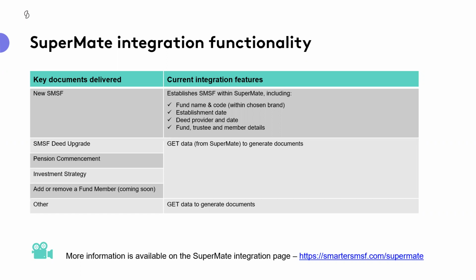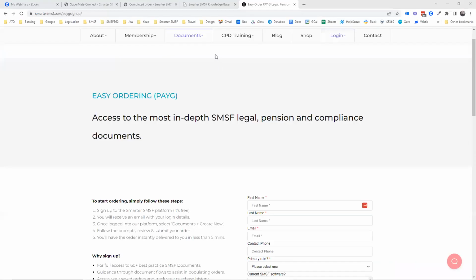So one of the things that we've done on our side is we've now set up a specific landing page. And again, just to share with you, if you want to go in and have a look at that under our documents and the integrations tab, you'll be able to go in and then click on that SuperMate integration there.